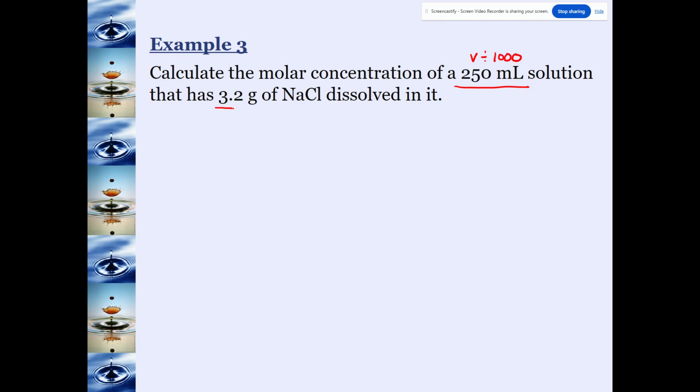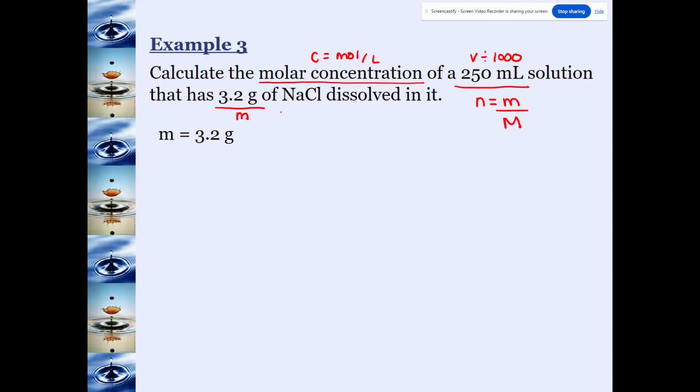But I am given a grams, which is a mass. Okay, so what that means is, if I'm asked for molar concentration, that's concentration in units of moles per liter, I need to know how many moles I have. So we're going to have to use the formula N equals mass over molar mass.